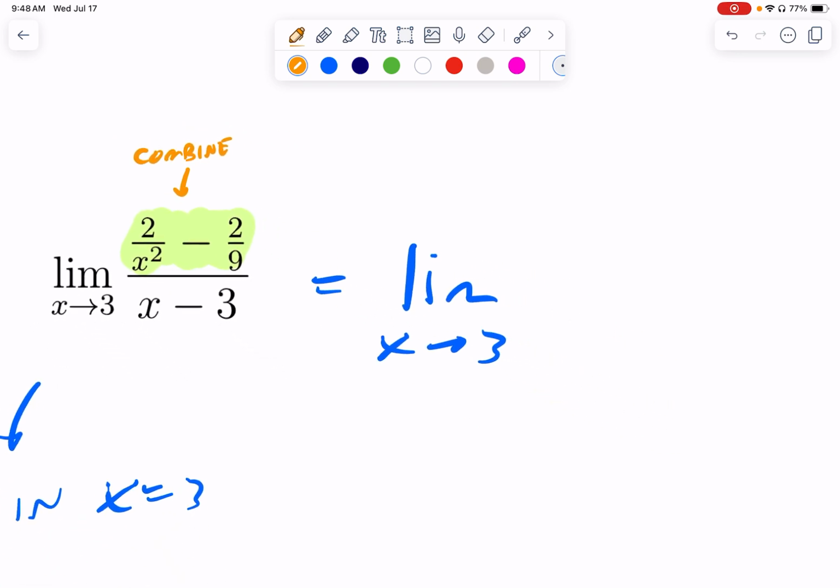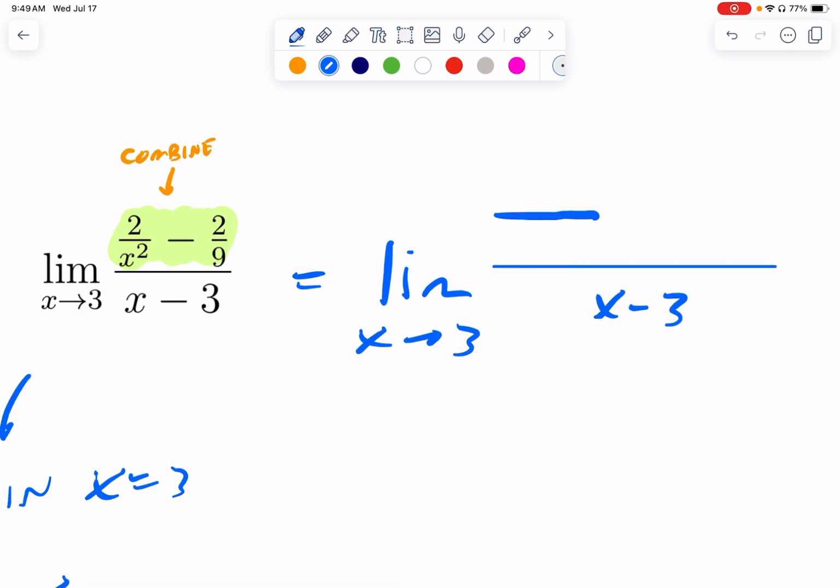So we're going to create a common denominator. For now, I will leave my denominator for the whole thing as x minus 3. For this part, I have 2 over x squared. Here I have 2 over 9. So over here I will multiply top and bottom by 9. Over here I will multiply top and bottom by x squared.